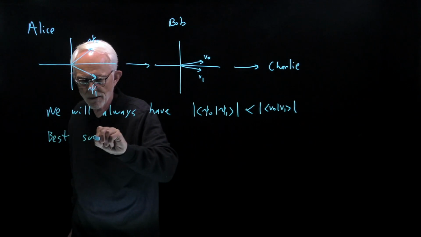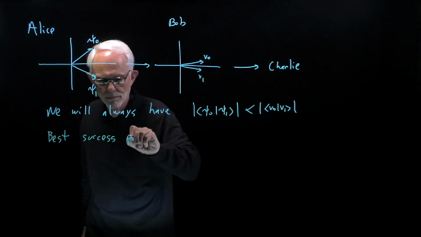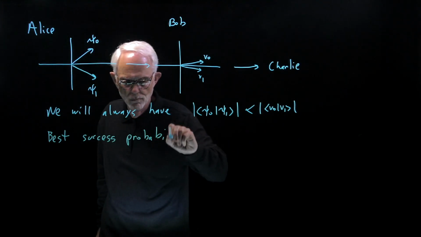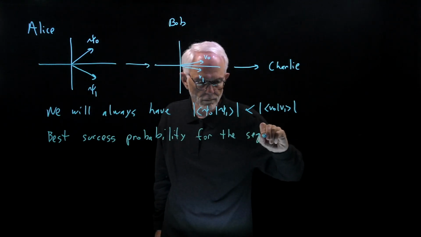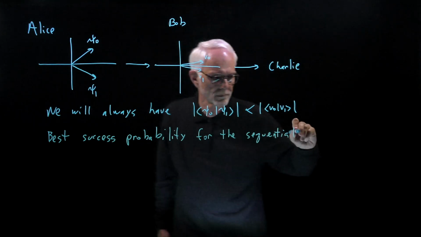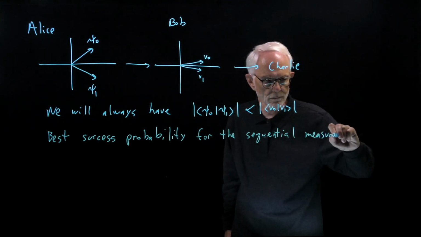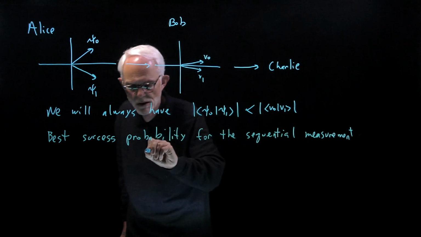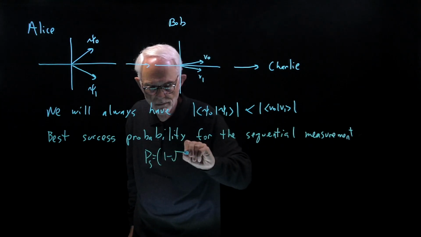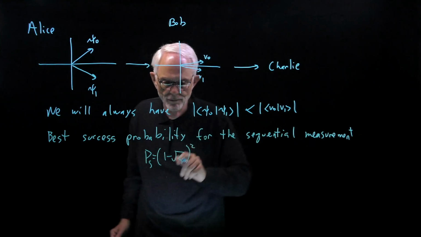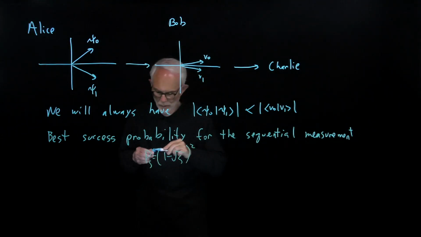Success probability is 1 minus square root of s squared.